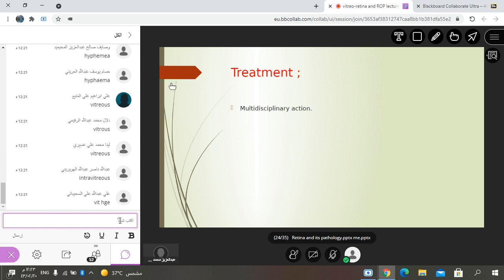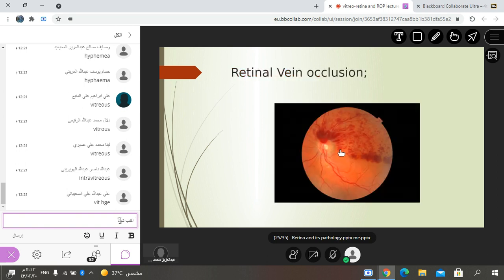Okay. Treatment option, it's a multidisciplinary action. This is what? Okay. Anyone can describe?